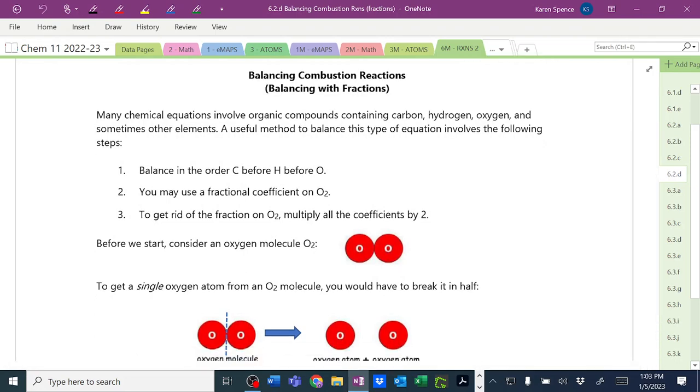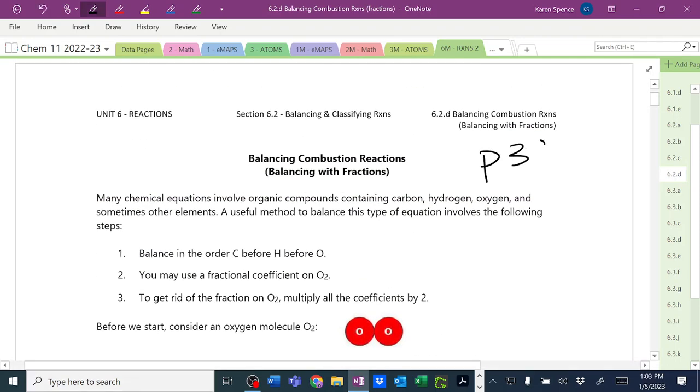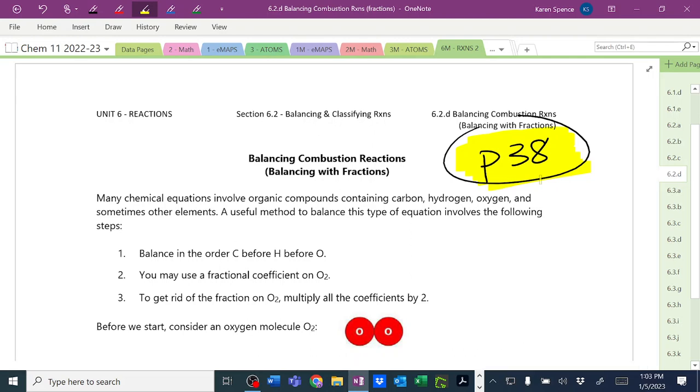All right, we are now on page 38. Combustion. In a combustion reaction, you're going to have a carbon.